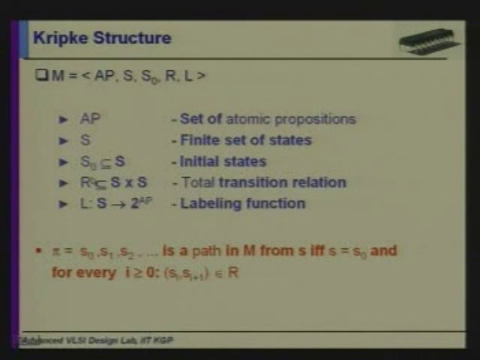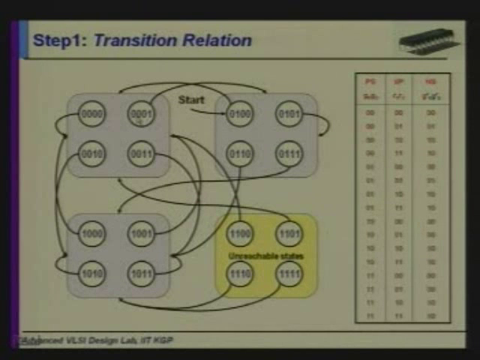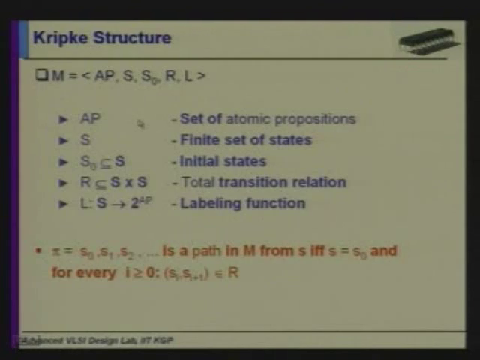So we have atomic propositions. As I said, whenever we try to write properties, we write them with respect to some propositions. At some state, some subset of propositions will be true. If AP is the total set of atomic propositions, atomic propositions means each can have value either true or false.